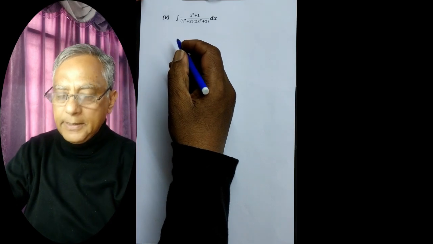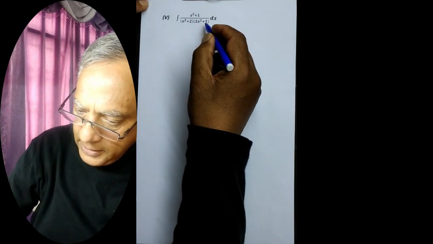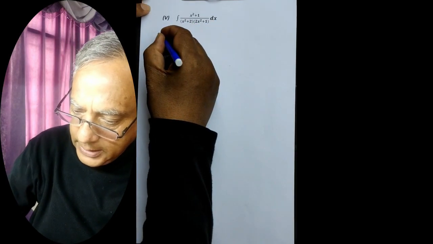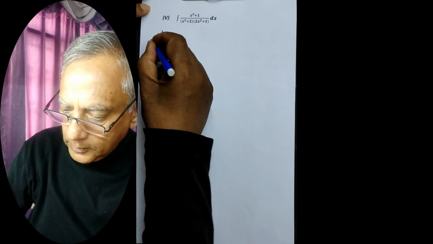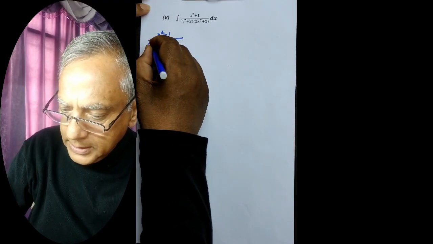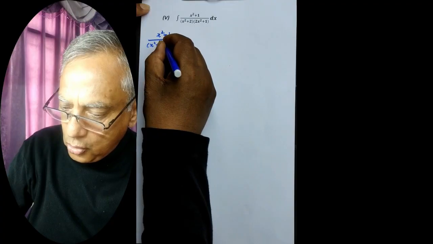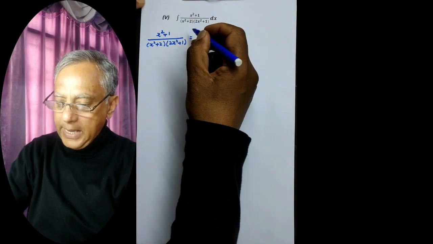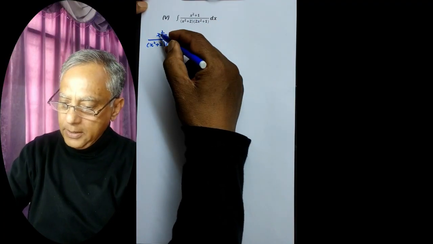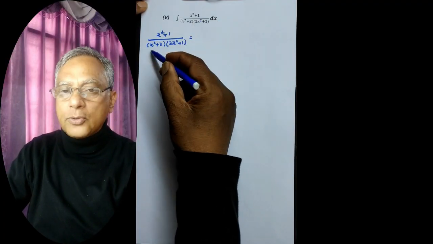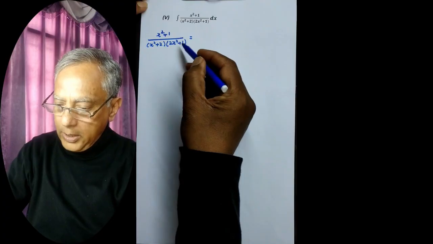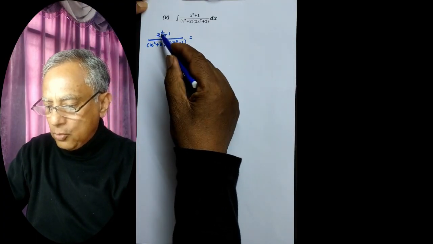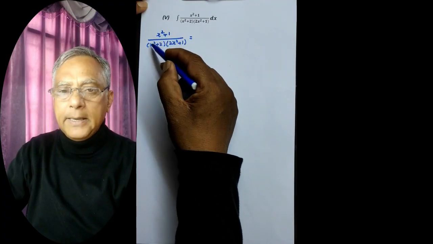Now next is this. We have x square plus 1 over x square plus 2 into 2x square plus 1. What we notice is we have only even powers of x in this.